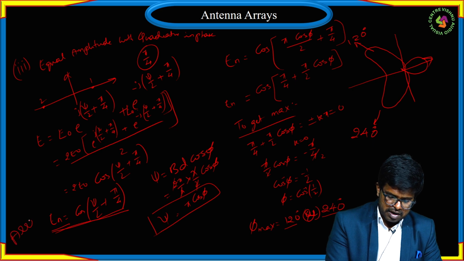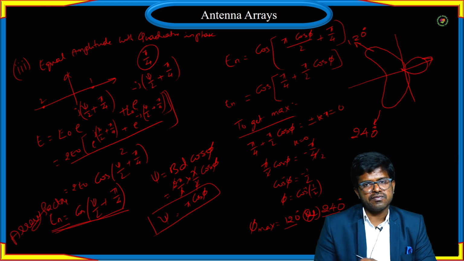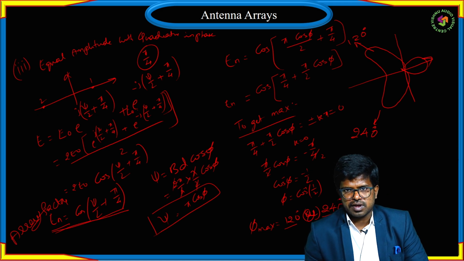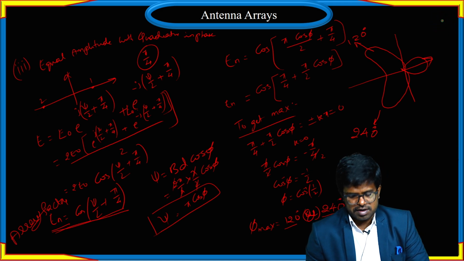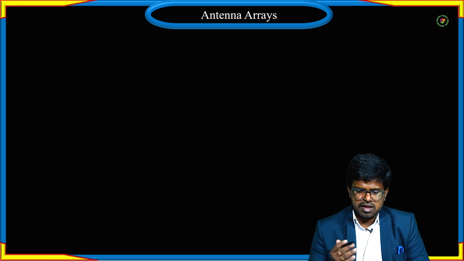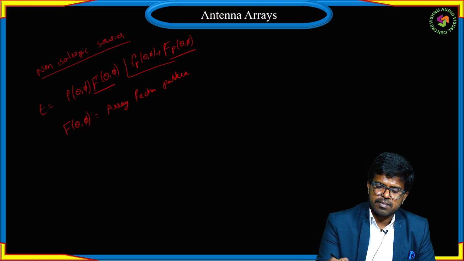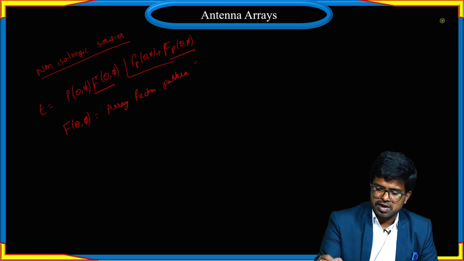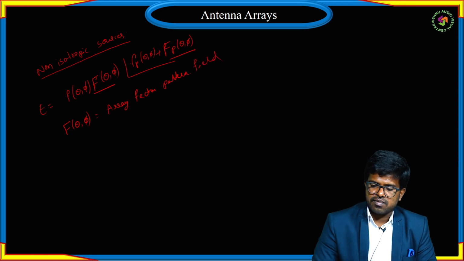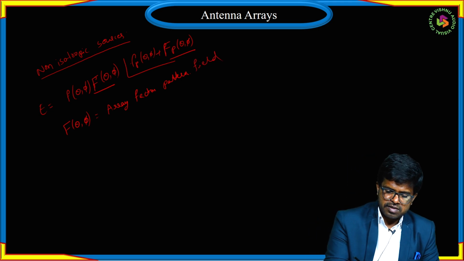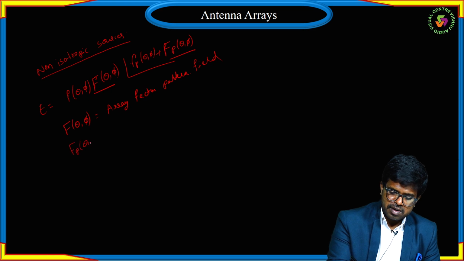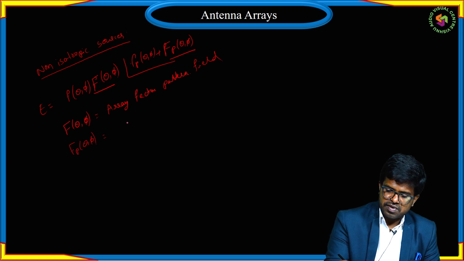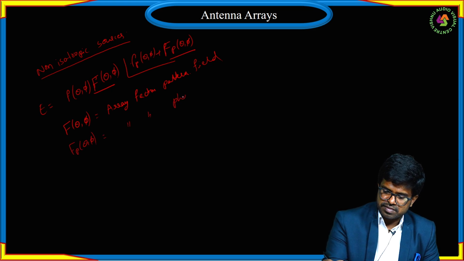Wherever we have taken En, where we dealt with the maximum value, those all are called array factor. So that is the array factor pattern. And this is fp of theta comma phi, array factor phase.